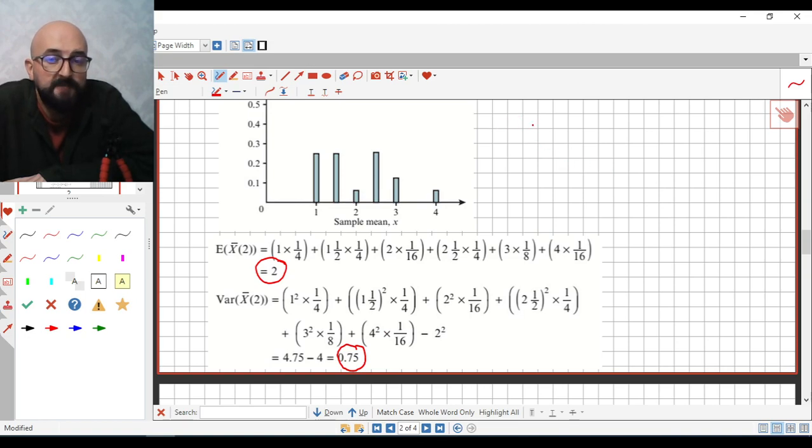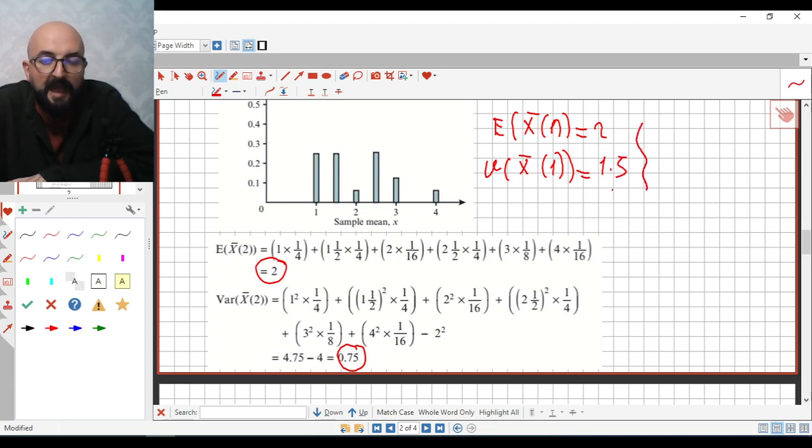So please remember and notice that for the sample mean of size 2 we found expectation 2, and for the sample mean of size 1 the variance we found 1.5.